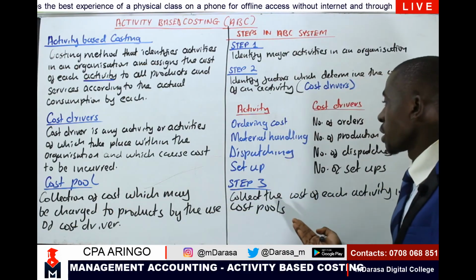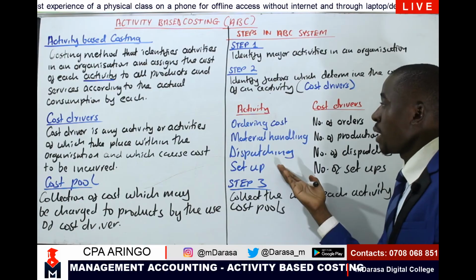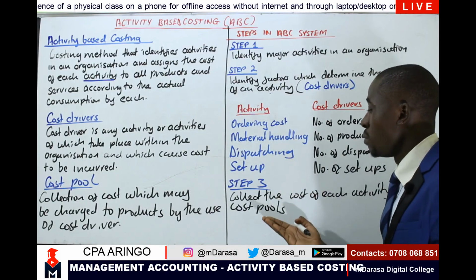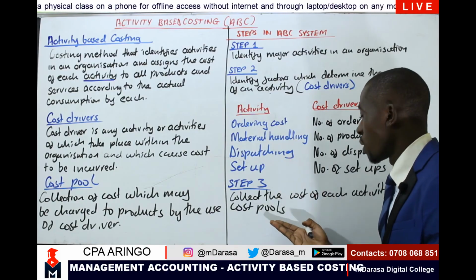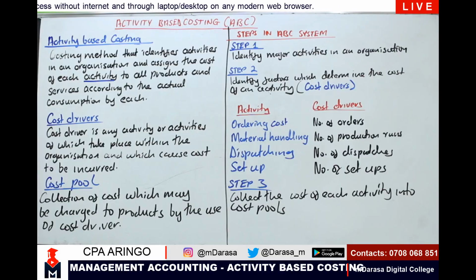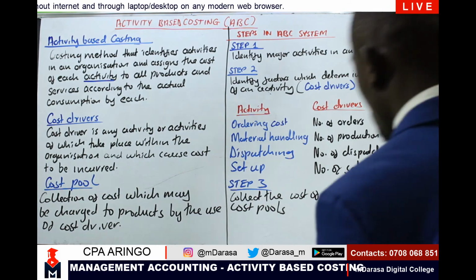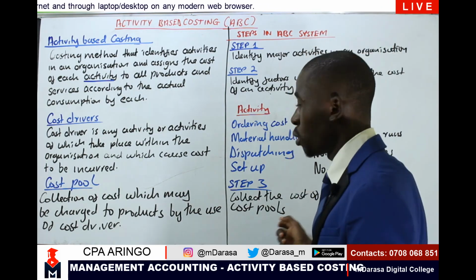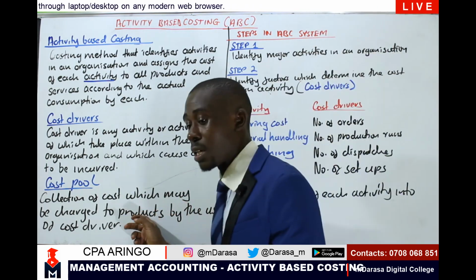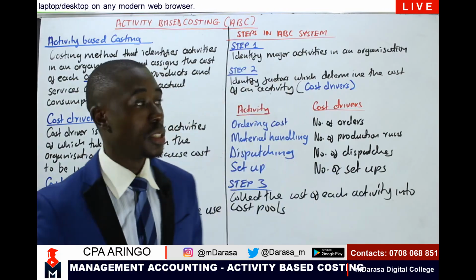Because you'll see step number 3, after we've identified our cost drivers, now it will be upon us to collect the costs of each activity into what is known as the cost pool. So that's why it's very important, and the beauty part of it is that we had looked at it at that point.